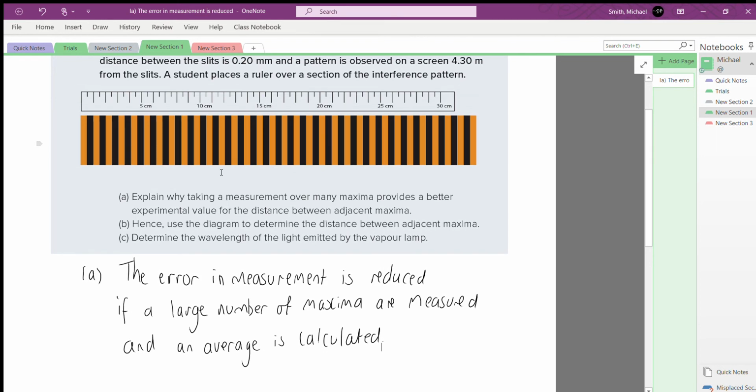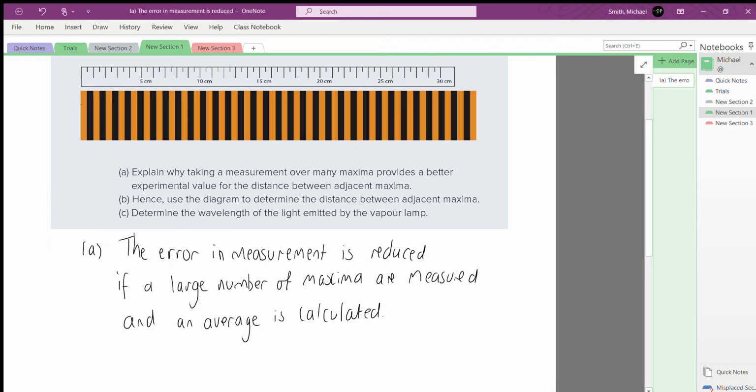The first one here at the edge of the ruler isn't really on that left-hand side of the first maxima, so I'm going to take it from the edge of that black minima there, and the furthest one we can measure that we can see on the ruler from the interference pattern is probably this one here. Now we can go through and count all of these.